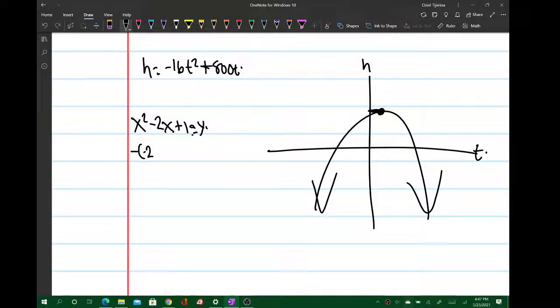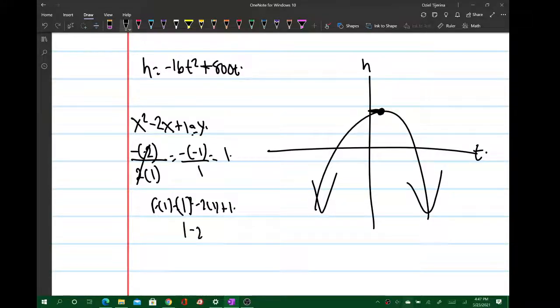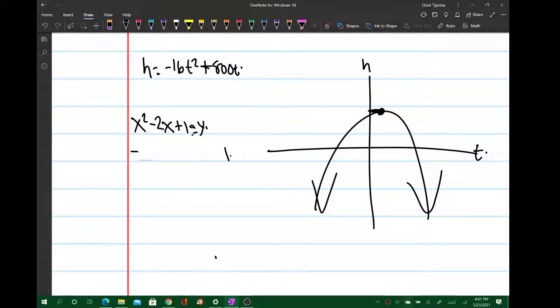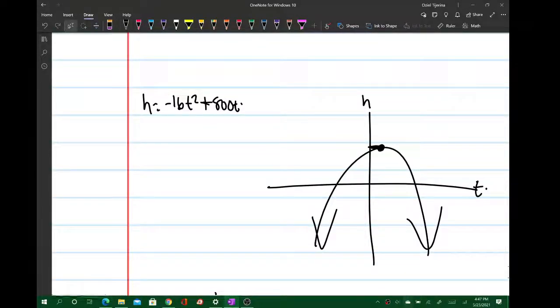And we look for the axis of symmetry, negative of negative 1 over 1, which is positive 1, so then f of 1 is 1 squared minus 2 times 1 plus 1, so 1 minus 2 plus 1, f of 1 is 0. That's what this is saying. They want you to find the maximum height.